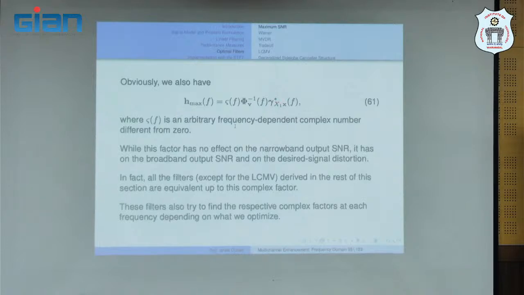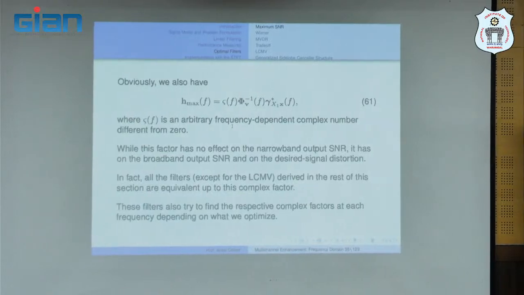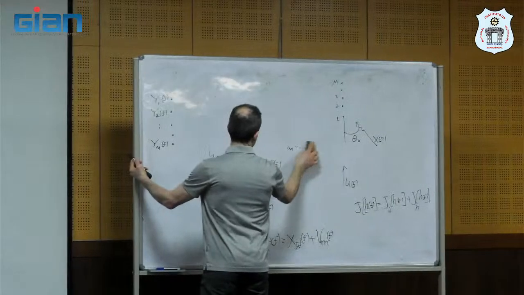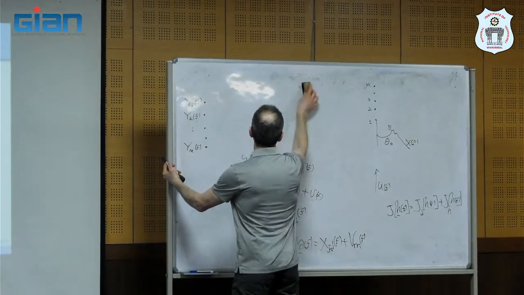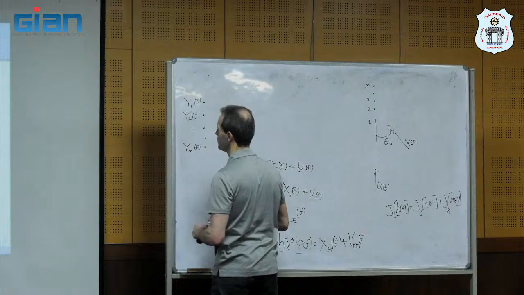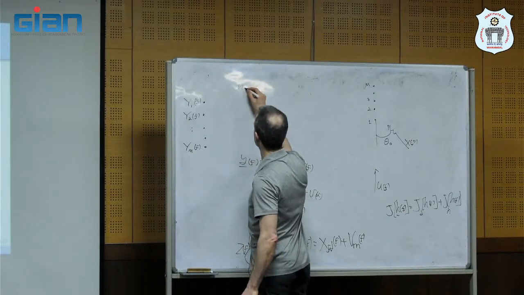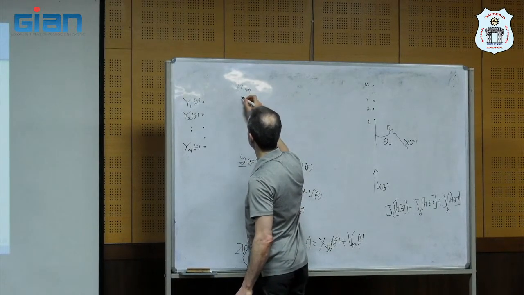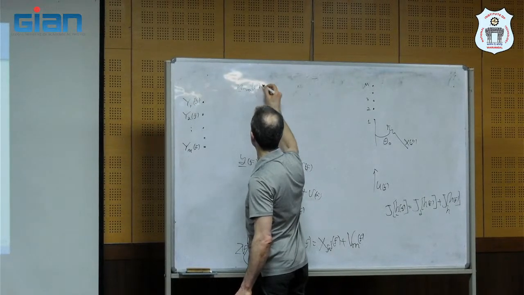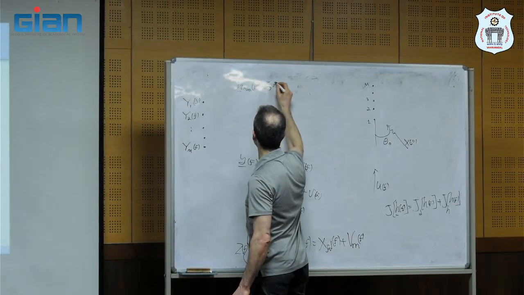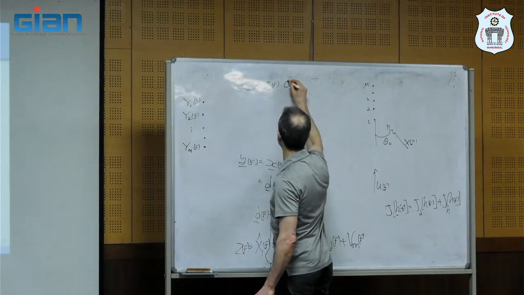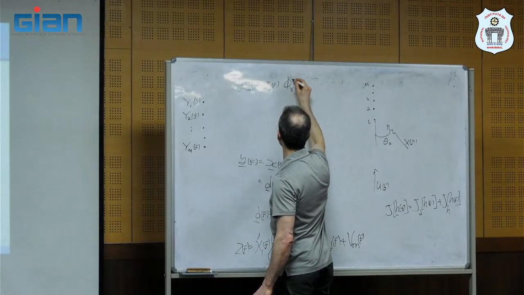Phi v minus 1 times the complex conjugate of the partial coherence between x1 and x. Okay? So let's write it here. We saw that any filter that is proportional to that maximizes the output SNR.